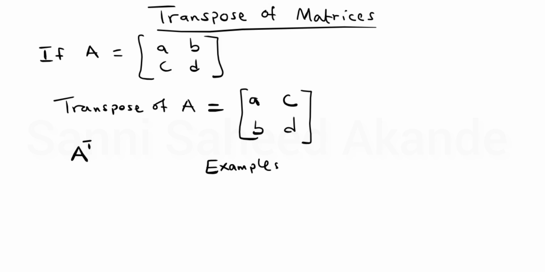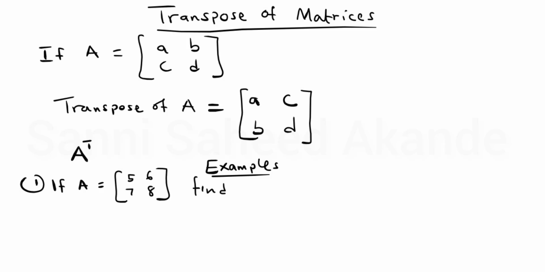Example number 1. The question says if A is given to be 5, 6, 7 and 8, then find A transpose. So find the transpose of A. Solution.